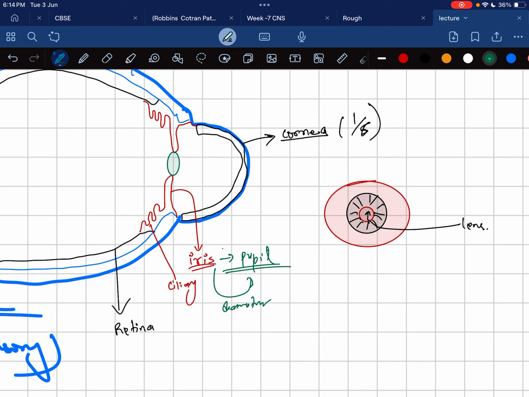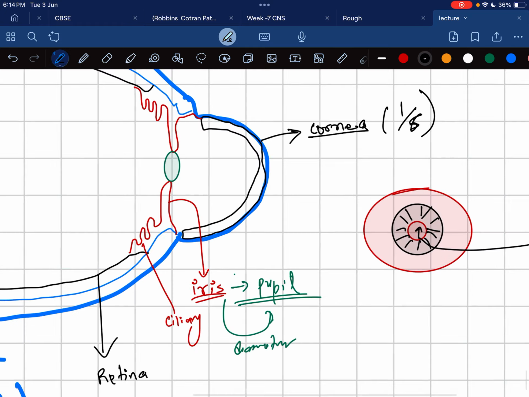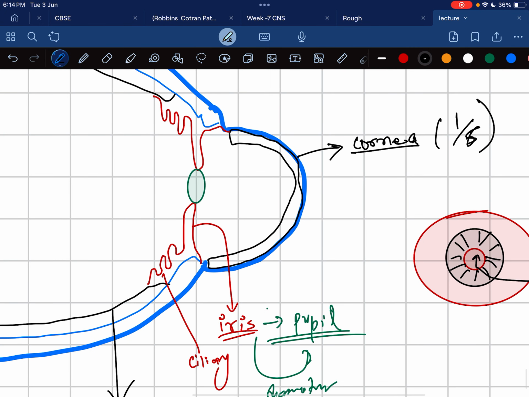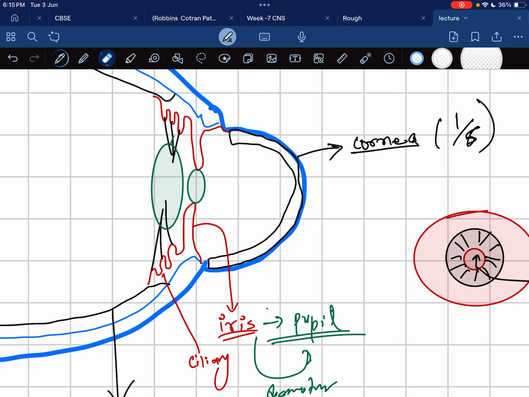And from the ciliary body there is a suspensory ligament that holds the lens.